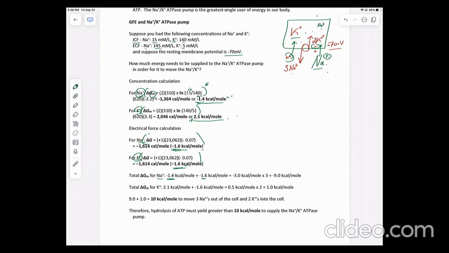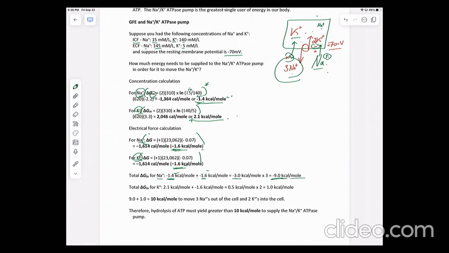So that means that every sodium that goes into the cell, I'm going to be releasing. I add this plus this, and I get 3 kilocalories. It's minus because I'm releasing energy, but I'm doing it 3 times. Okay, or I want to calculate the energy for 3 times. So 3 sodiums, hypothetically going into the cell, is going to yield me minus 9 kilocalories per mole.